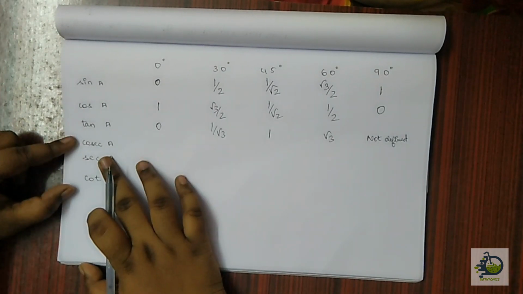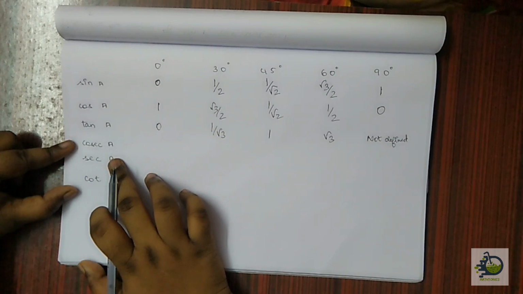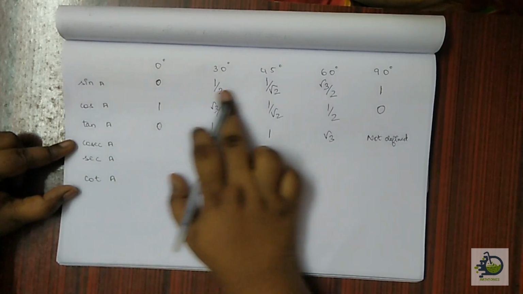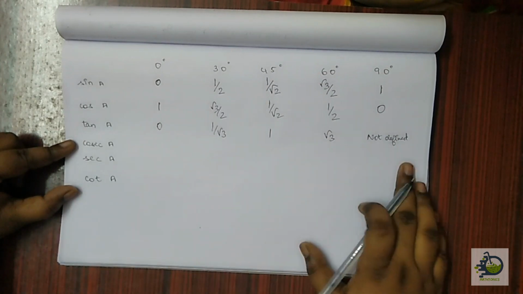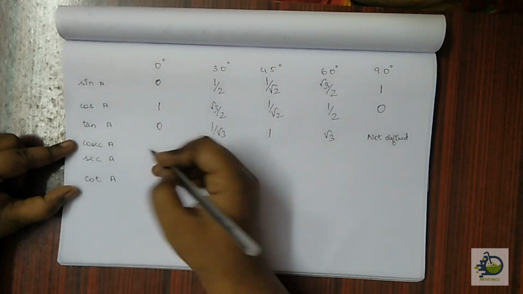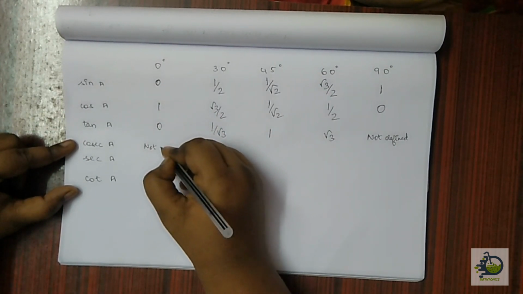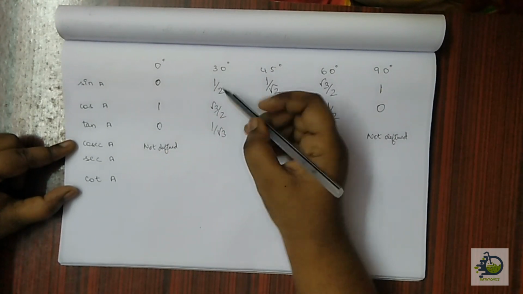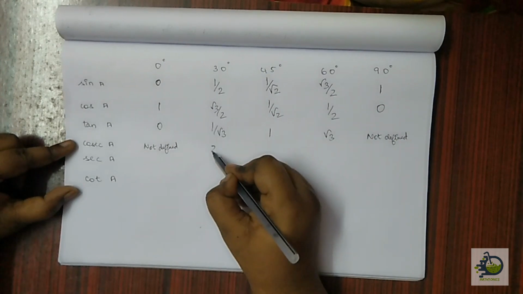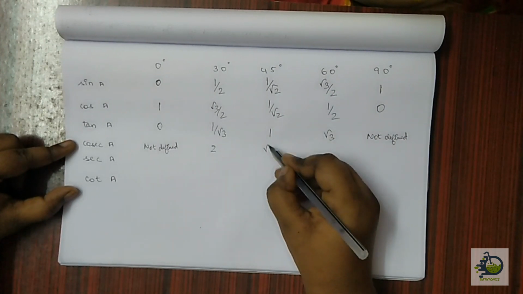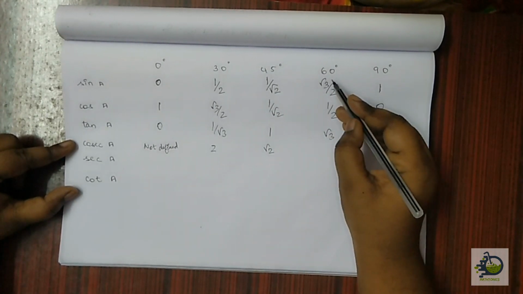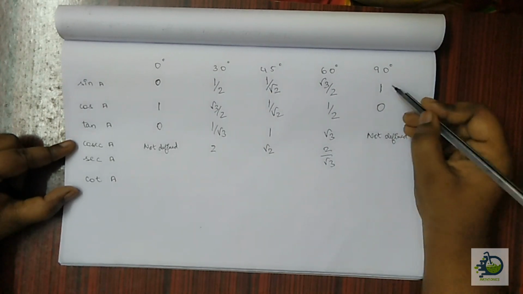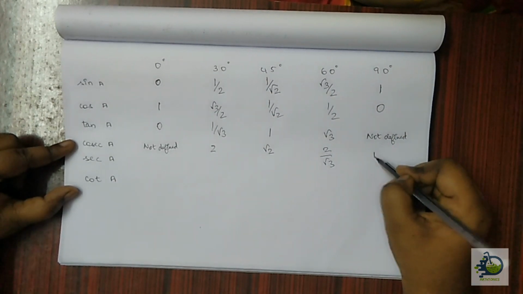Now we have to find cosecant A. Cosecant A is nothing but 1 by sine A. So the reciprocal of sine A will be cosecant A. So 1 by 0 is not defined. Reciprocal of 1 by 2 is 2, reciprocal of 1 by root 2 is root 2, reciprocal of root 3 by 2 is 2 by root 3 and reciprocal of 1 by 1 is 1.